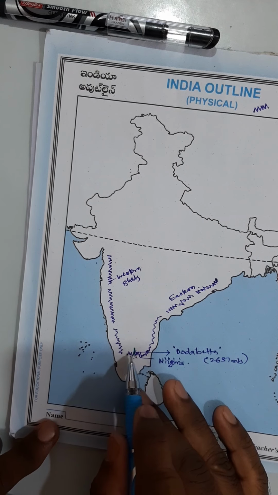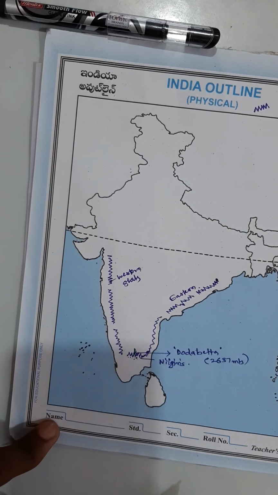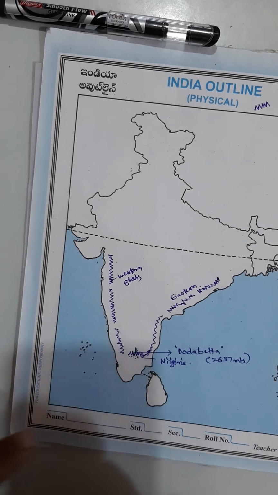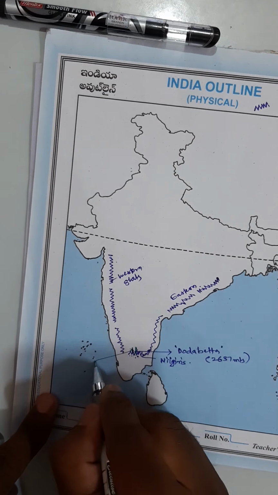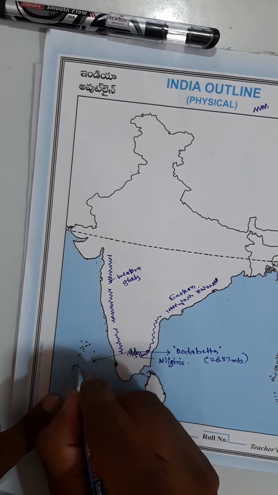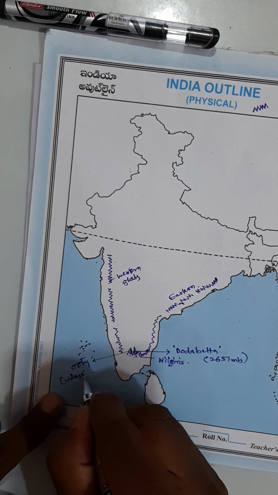What is the other importance of Nilgiris? Just beside Dodabetta you find here, this also I am pointing with a different color, Ooty. Ooty, the famous hill station in South India, otherwise called Udagamandalam.